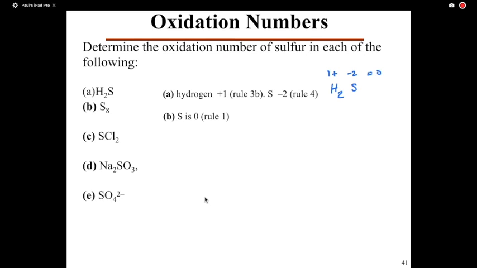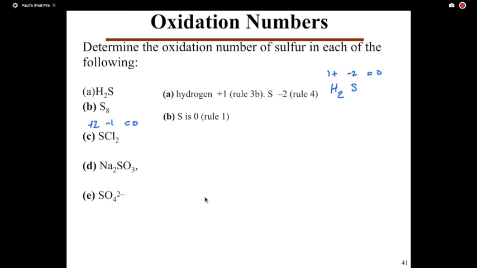Okay, for C here, the one that we can predict of everything on that slide is chlorines are a -1. They are halogens. Okay? When I add up everything, it has to be 0. If chlorides are -1, then what does the sulfur have to be in this case? A plus what? A +2.